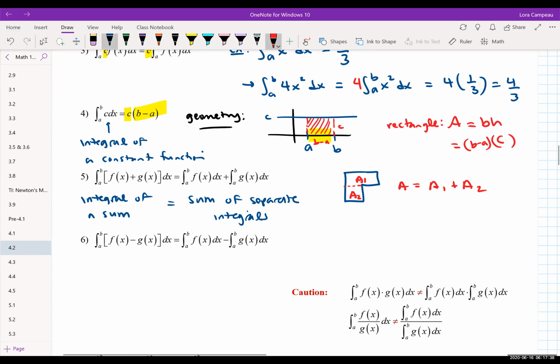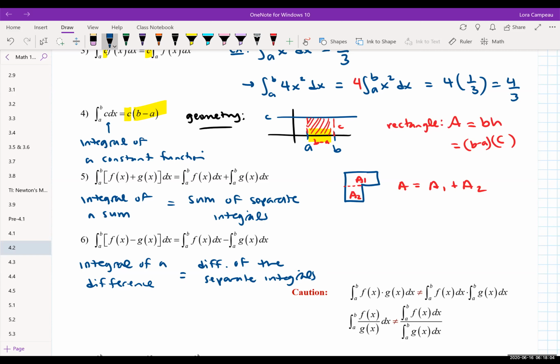And it works the same way for differences. If you have the integral of a difference, you can take the difference of the separate integrals. So you can play with what works best for you.